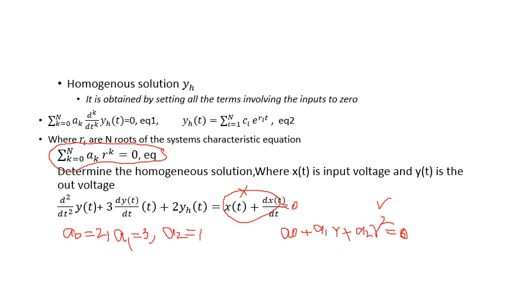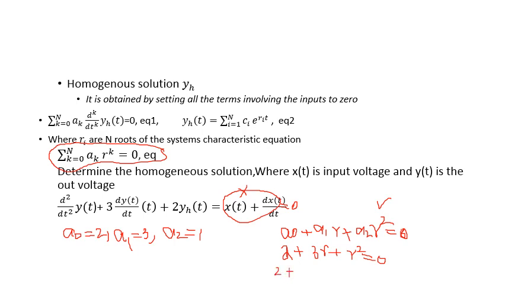So by putting the values of a0, a1 and a2 in this equation, we can write that this is equal to 2 plus 3r plus r square, and this is equal to 0. So we can factor it.